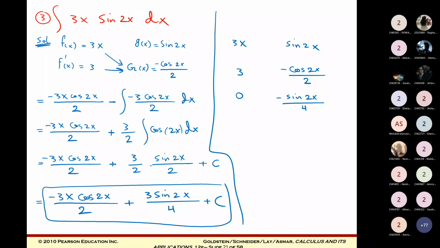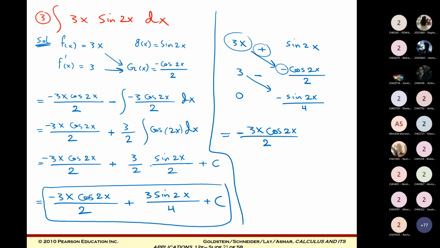Okay. Now, what are the signs? This is positive and this is negative. So the final result: 3 multiplied by positive, positive multiplied by negative, negative: 3x cosine 2x over 2.